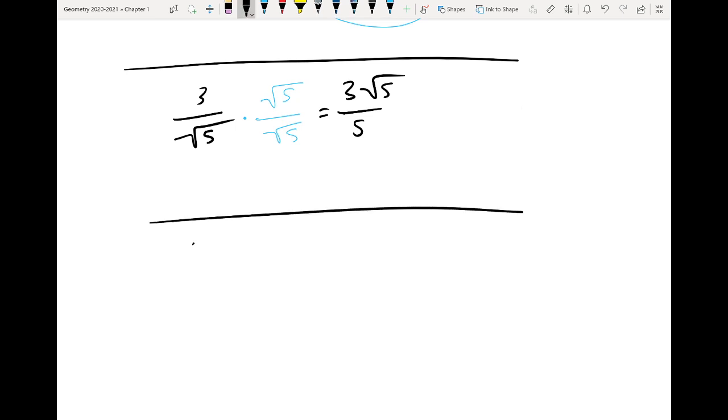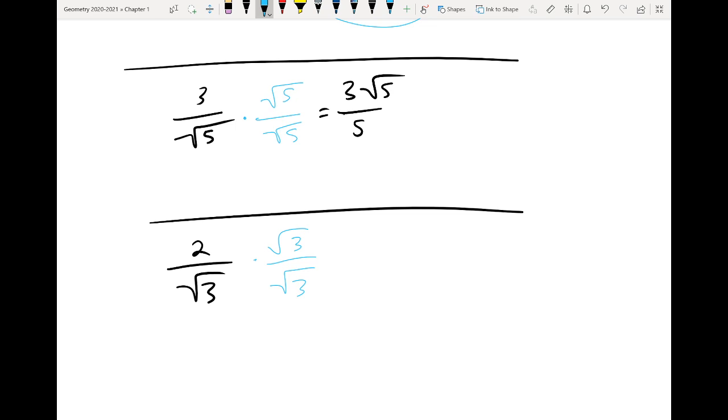Let's do another one of those. How about 2 over rad 3? Well, we need to multiply by 1. So let's multiply by 1. What does our 1 look like this time, though? Our 1 would look like this. It would be rad 3 over rad 3, right? Remember, rad 3 divided by rad 3 is just 1. Anything times 1 is still itself.